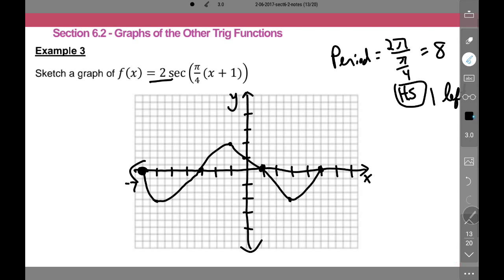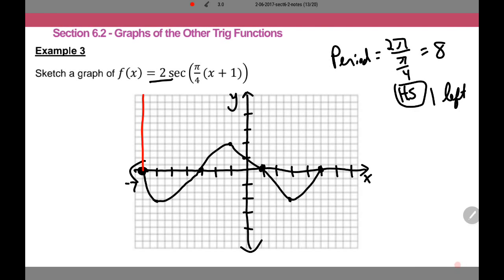So for my cosecant, I'm going to have asymptotes right here. I'm going to be right here. I'm going to be right here. So these are my asymptotes.